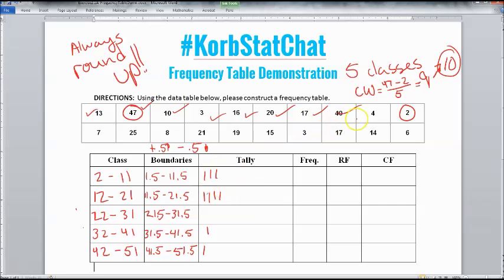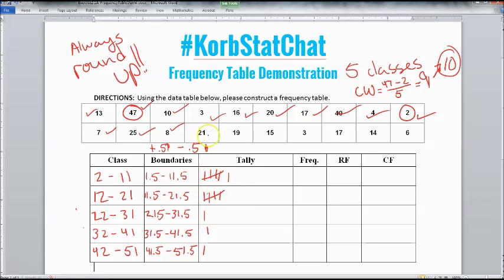So again, we're just tallying these off, finding which class they fall into, and we're basically counting up the frequencies of each one. And a frequency is just the number of times something occurs. 25, 8, 21.